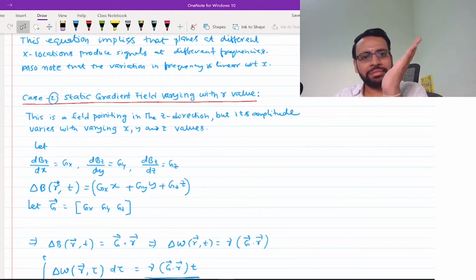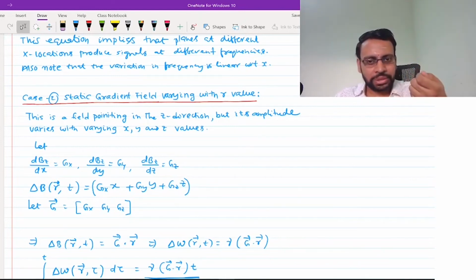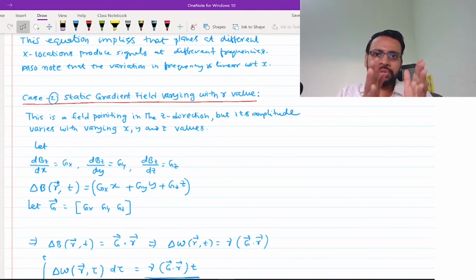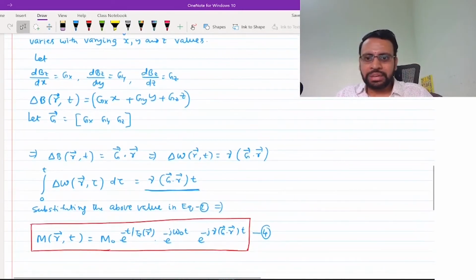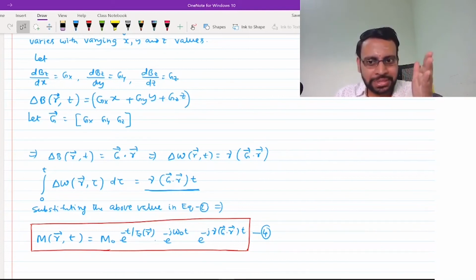Now the second special case that we are going to consider is where the gradient has values varying spatially not with respect to x only. Let's have something which is still static. Static means this field is not going to vary with respect to time, but let it vary for x, y and z. In other words, now at any given point you have the additional field delta B of r bar comma t equal to g x times x plus g y times y plus g z times z.